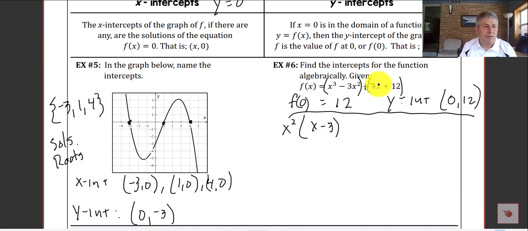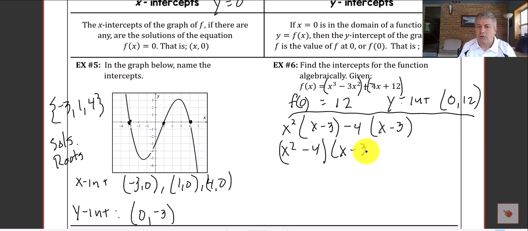And in this one, I'm going to factor out -4, and I'm left with x minus 3. So good news is what's left behind is the same thing. My 2 factors now are x squared minus 4 times x minus 3.